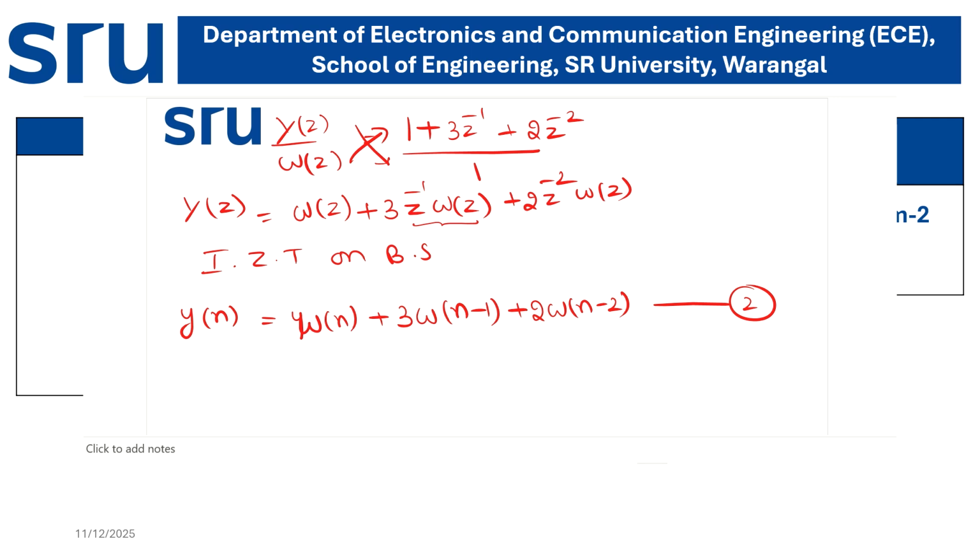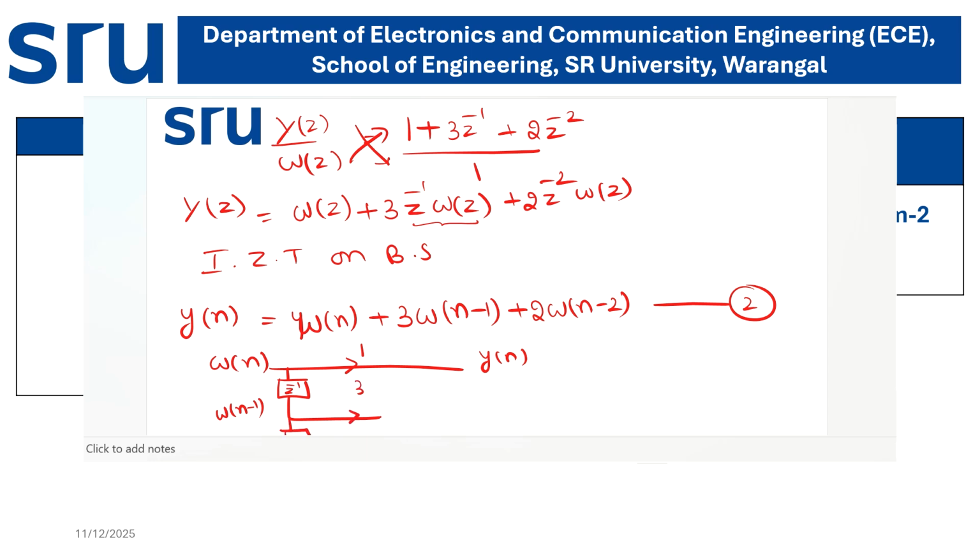Now I am designing the realization for equation number 2. What is the input here? W of n is the input and the output is y of n. What is the coefficient for w of n? The coefficient is 1. Then it is delayed by one sample, giving w of n minus 1. What is the coefficient for w of n minus 1? 3 is the coefficient.